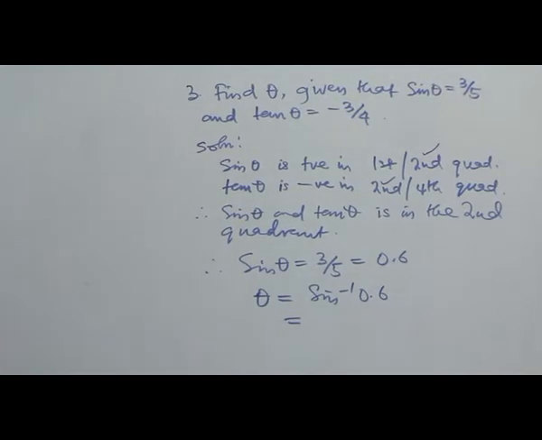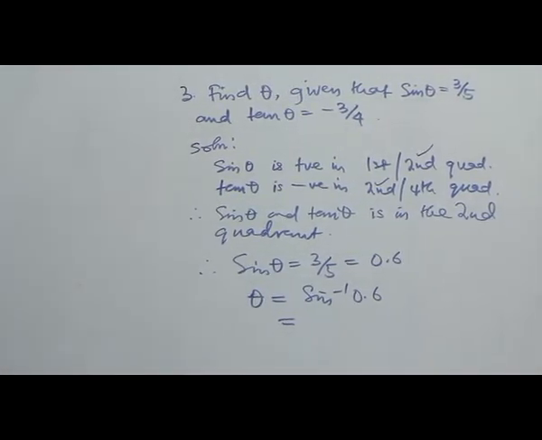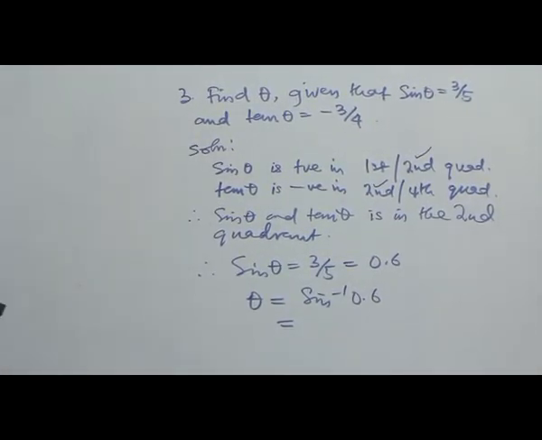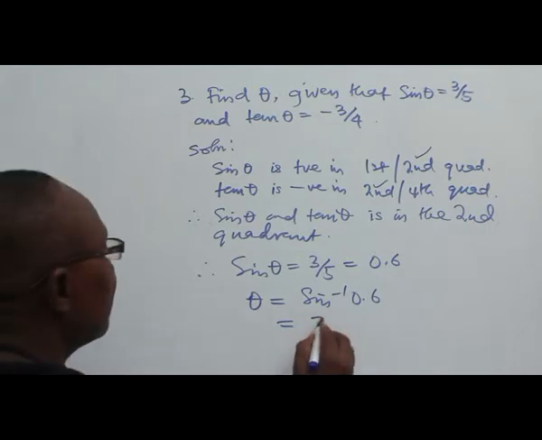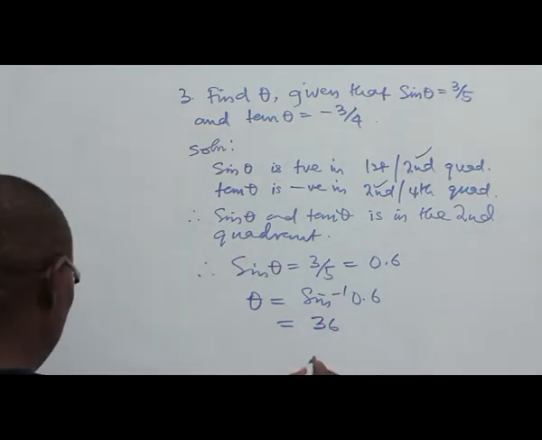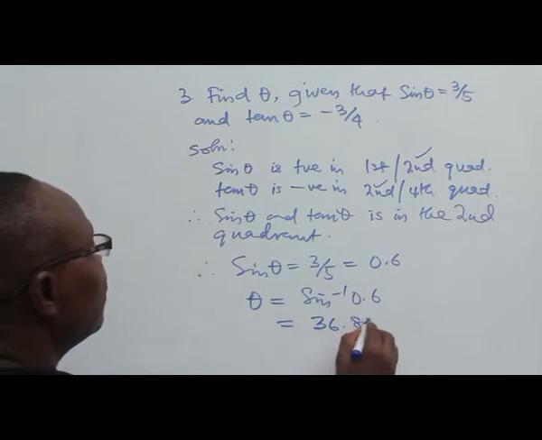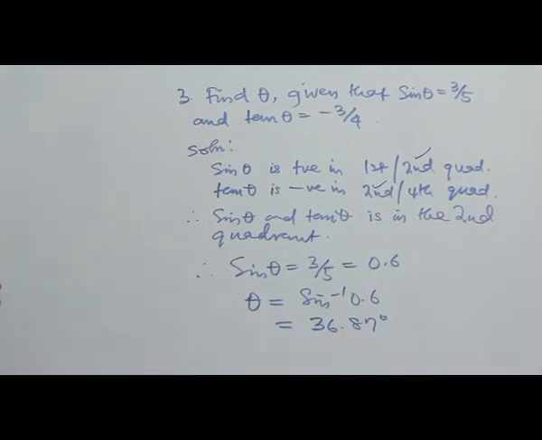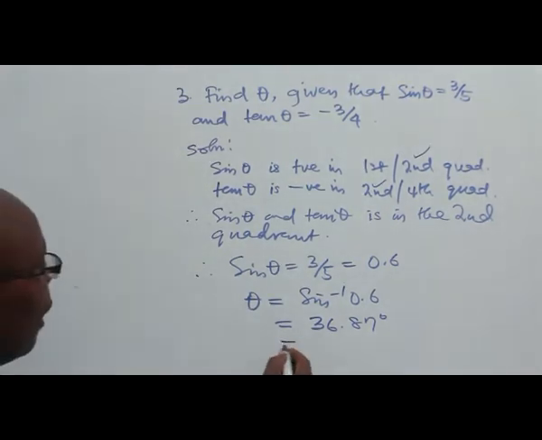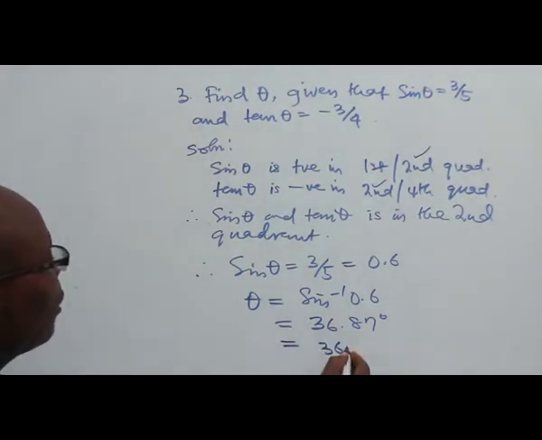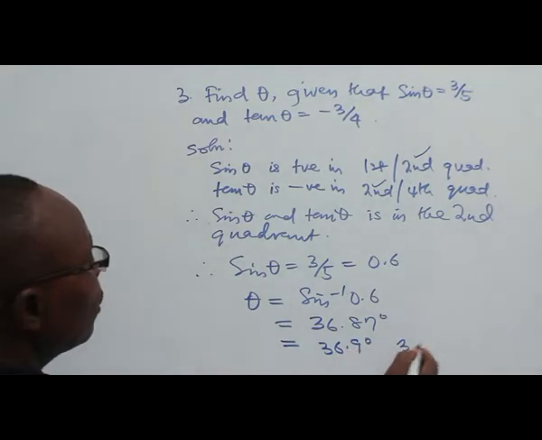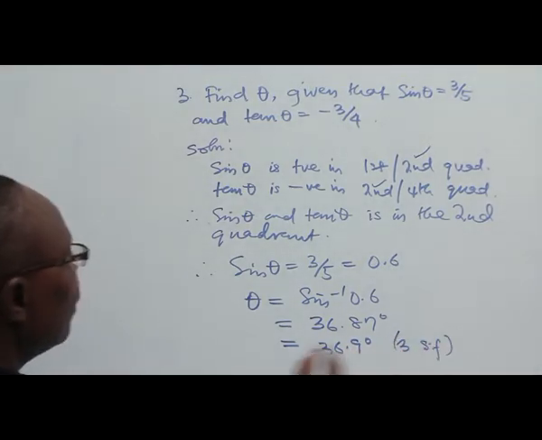From our calculator, we get arcsin 0.6 will be equal to 36.87 degrees. You can decide to correct this to 2 or 3 significant figures, and then the answer becomes 36.9 degrees to 3 significant figures.